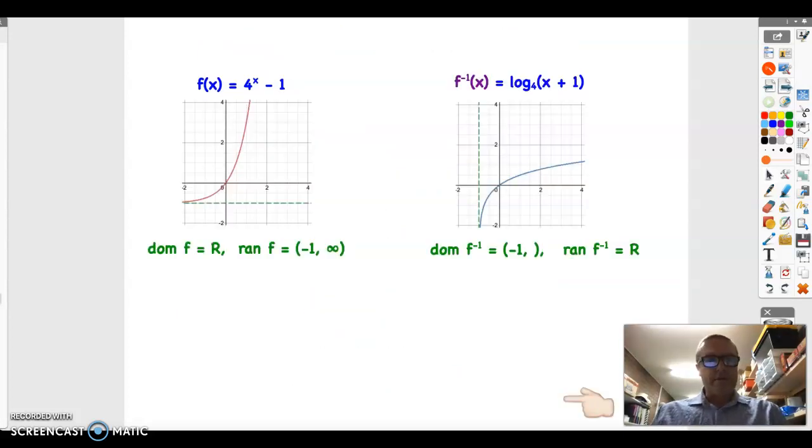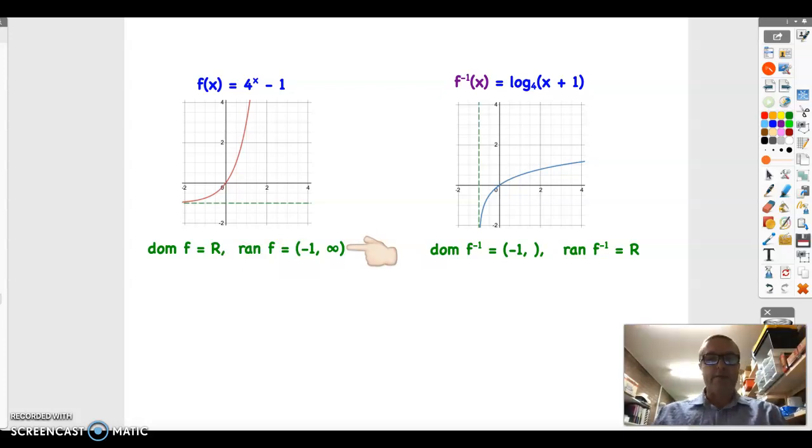Looking at those two graphs now, let's see what we've got. Our original function was 4 to the power of x minus 1. Note, because of the shape of the graph, because of the asymptote, its domain is all real numbers. The range of that is all the values above -1.